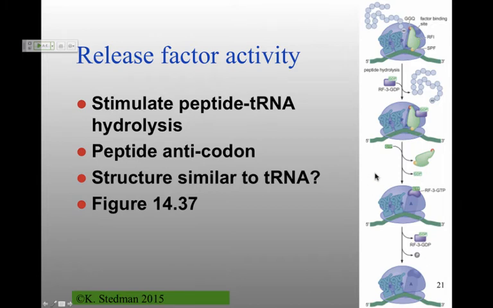That hydrolysis leads to the release of this protein now, which is sitting in the A site of your ribosome. And then we have basically exchange of these proteins. Now we have an empty A site and a full E and P site.